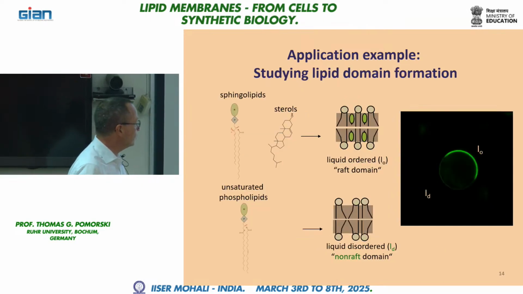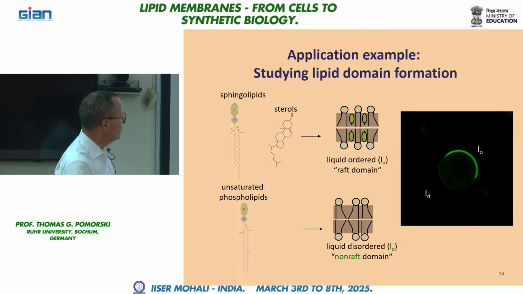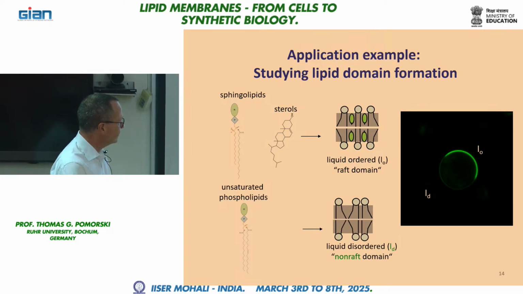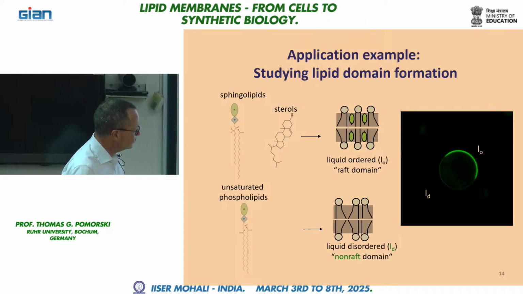What you can also do is study domain formation. Remember, if you take, for instance, sphingolipids, steroids, and glycerolipids, the sphingolipids and steroids will form an extra phase, a liquid ordered phase, while the unsaturated glycerophospholipids stay in a liquid disordered phase. And these are the two phases.